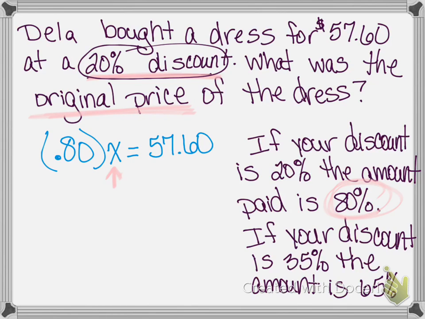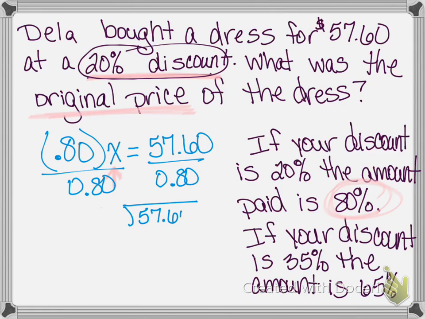So I set this up by saying 57.60. And you've got to remember, you don't have a calculator. So I am dividing both sides by 0.80. And 0.80 and 0.8 is the same thing. So to do the math on this, I'm going to have 57.60 inside the box.